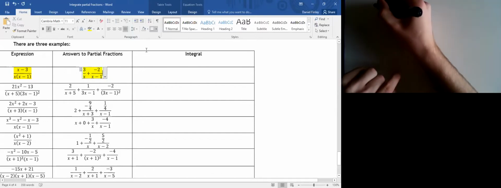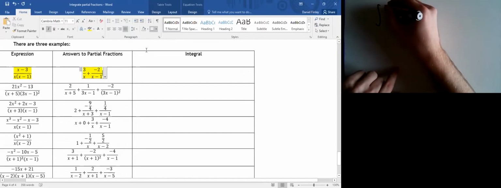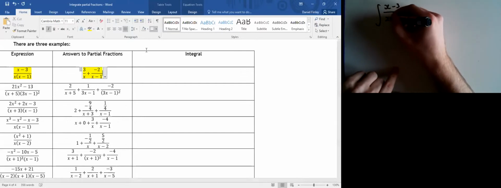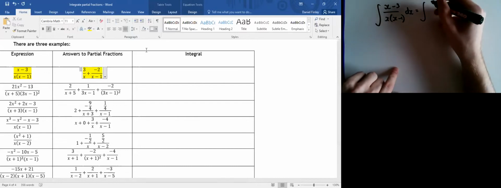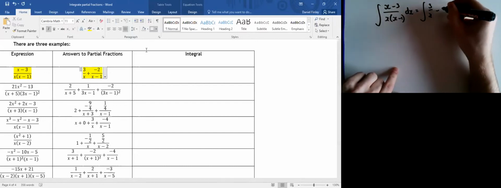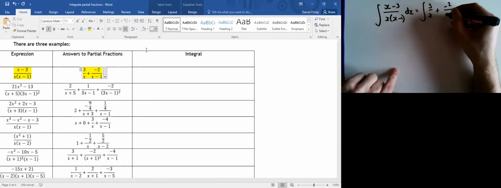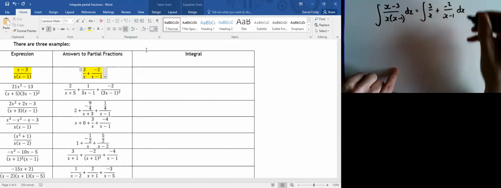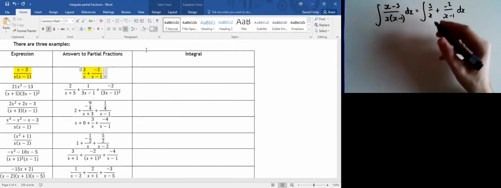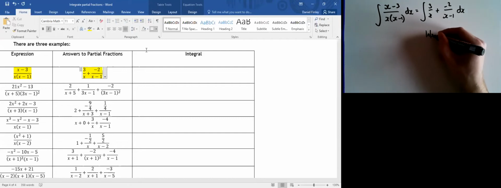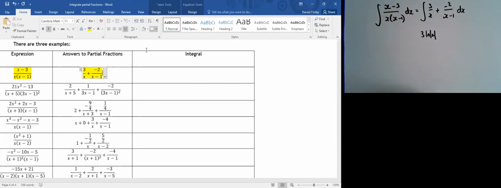So if I was going to integrate x minus 3 over x minus 1, that's the same as integrating my partial fraction. So 3 over x plus minus, I'll write it like how I've written it there. Okay, remember the numbers on the top I'm going to ignore. So 1 over x integrates to ln x. And 3, I'm just going to stick at the front.